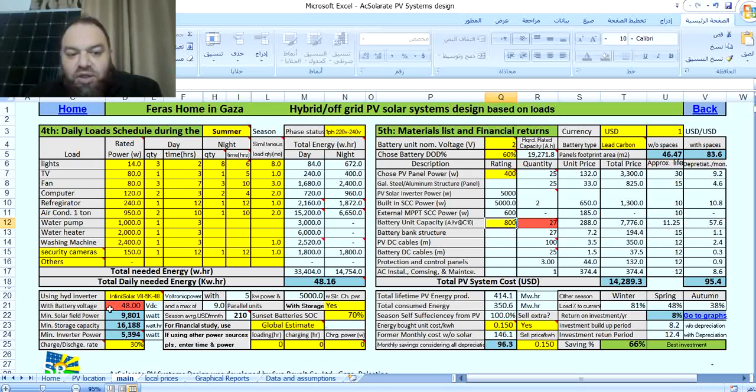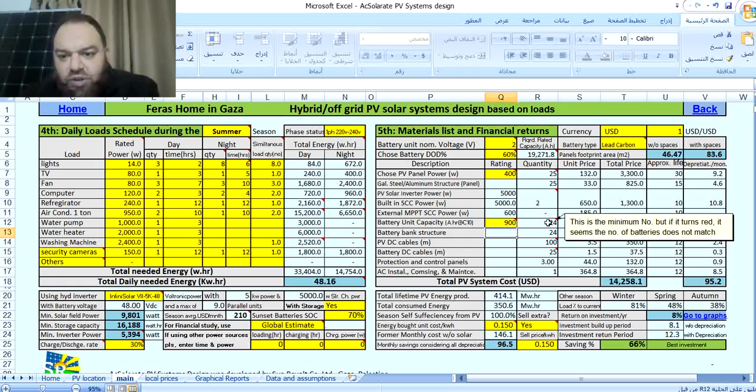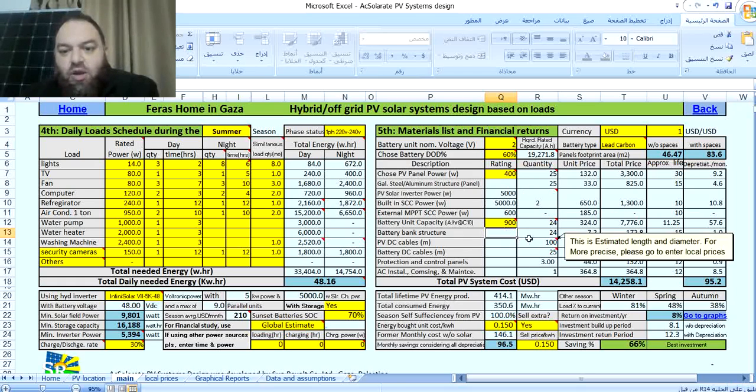It cannot be connected in a 48 volt DC orientation to this inverter. So you need to make it at least 24 that can be connected in a 48 volt DC orientation. So maybe we go to 900. Okay, 900 is okay. 24 pieces of 900 will do.